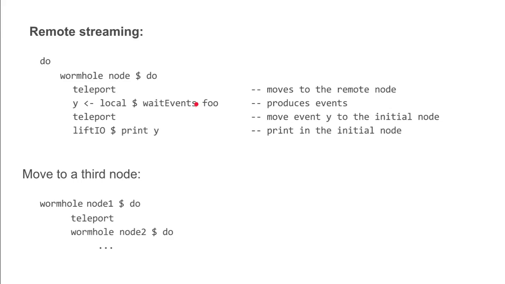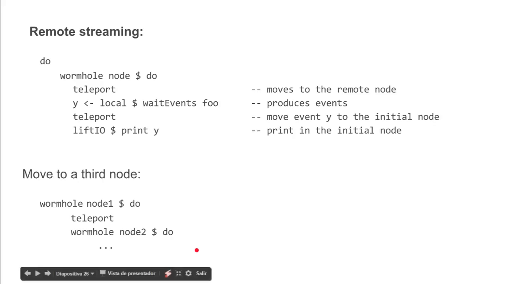So there is streaming back from the remote node to my local node. We can also move to a third node or fourth node using cascading wormholes. So we move to a node 1, and we connect to a node 2 to move to the node 2, etc.